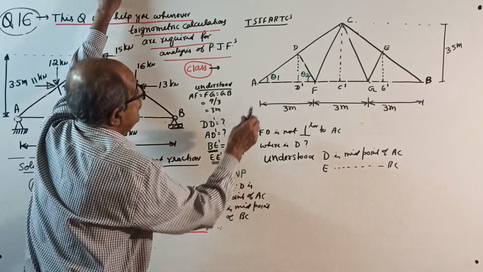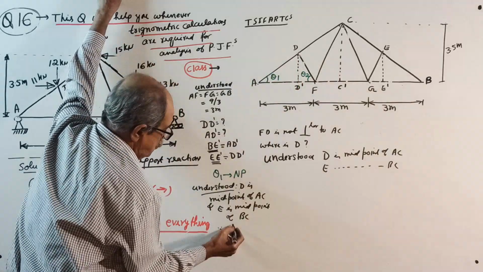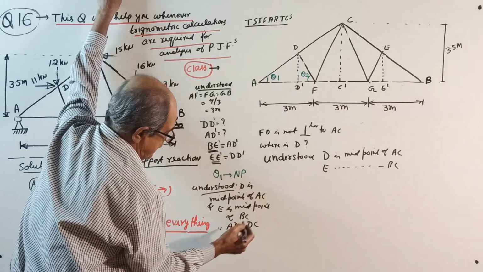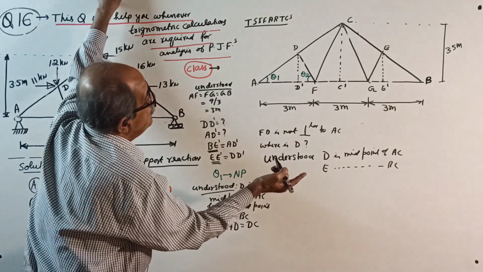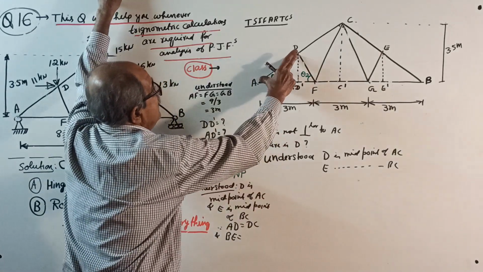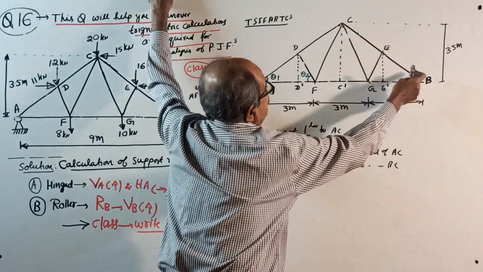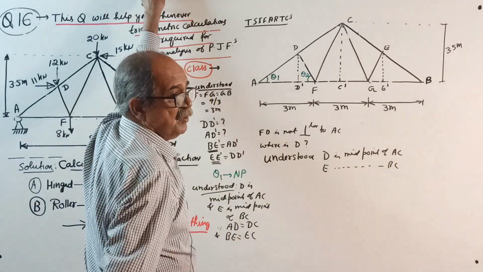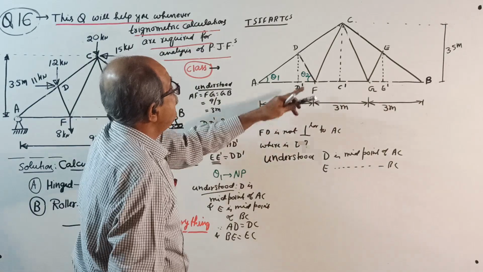Therefore, remember your AD will be equal to DC, and also the other side BE equal to EC. Understood? Okay, now this is theta 2.